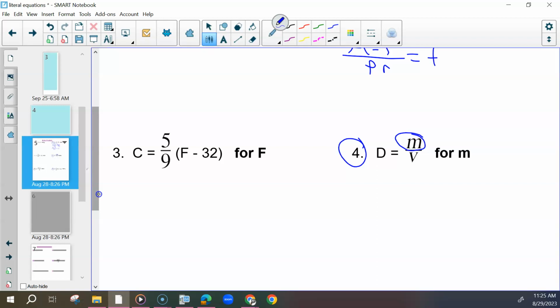Multiply it by B. So when we multiply by B, both of these are going to cancel each other out and become 1. This is going to be M equals 10B. And then that one. Questions on that one?